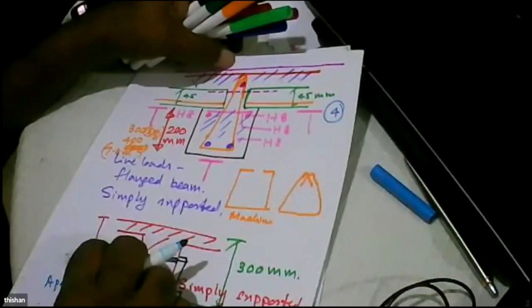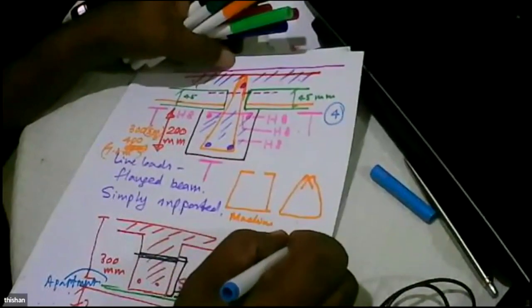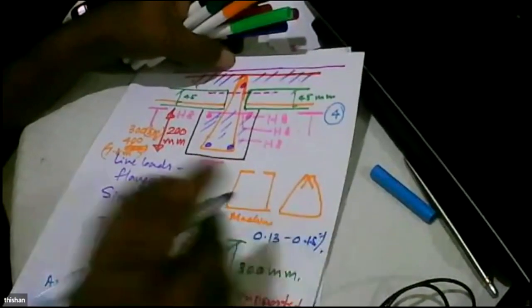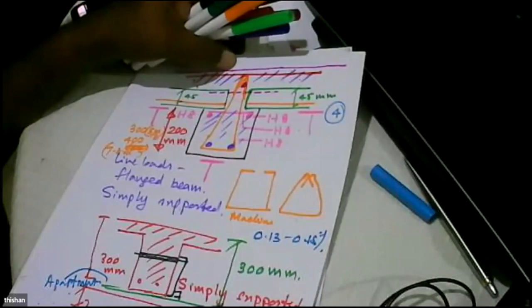Why are we providing 0.13% to 0.15% of minimum reinforcement? That is to prevent early thermal cracking and also to take account of shrinkage of concrete. Now we are casting only a small piece of slab. So can you have any shrinkage cracks in such a scenario?